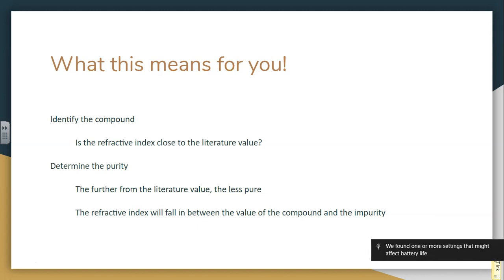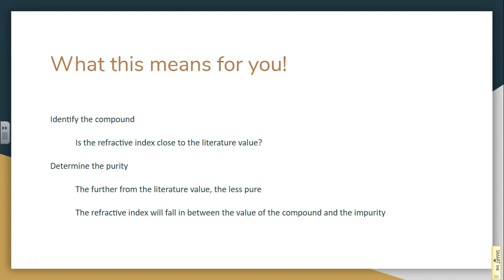So that just means that you can pretty much identify what the impurity will be based on what compounds you're using in the reaction, because there could be some reactants in the mixture, and also based on what side reactions you get.